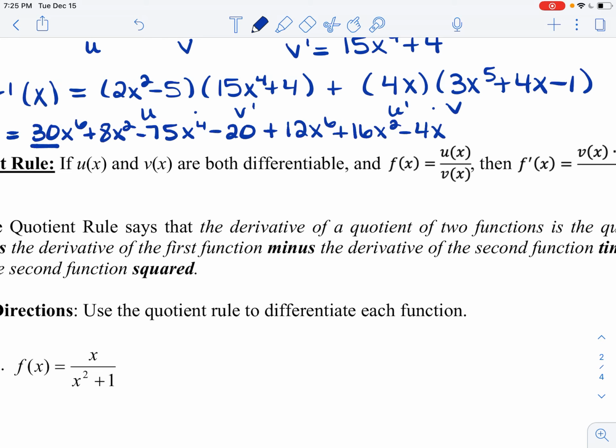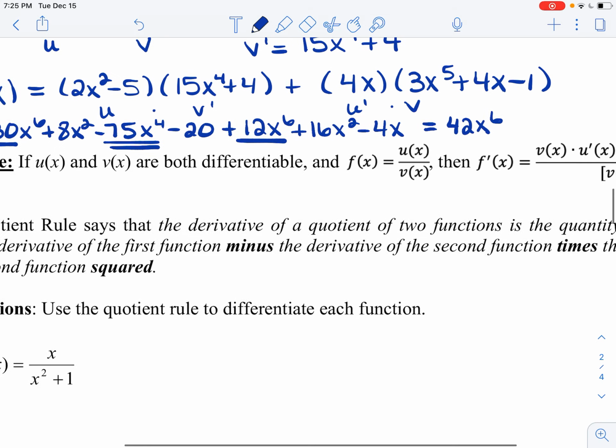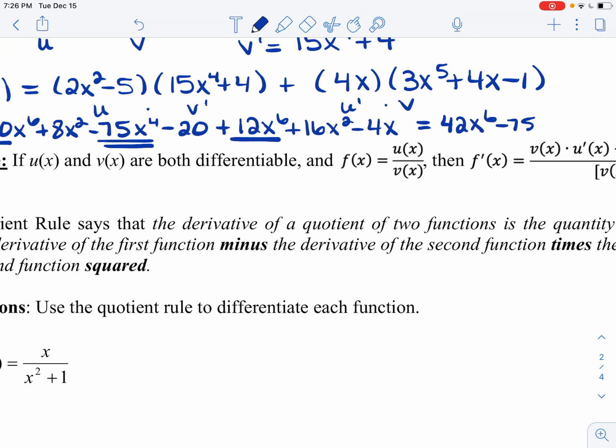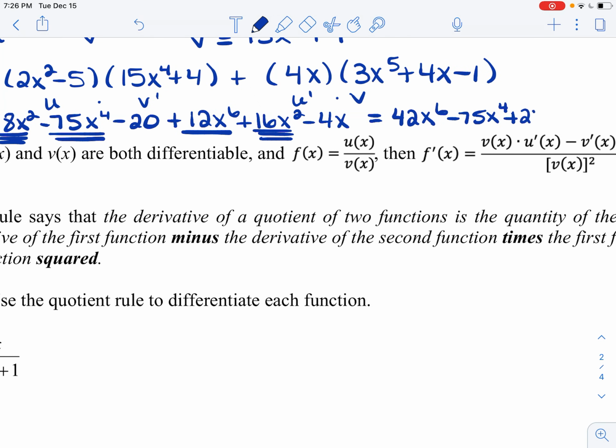Let's combine like terms. So we have two terms here with an x to the 6th, a 30 and a 12, x to the 6th would add together to give us a 42x to the 6th. Let's look down now. What's our next highest power? I think I see this term here with the x to the 4th, so minus 75x to the 4th. We have a few terms here with x to the 2nd, so let's add them up. 16x to the 2nd plus 8x to the 2nd would be 24x to the 2nd.